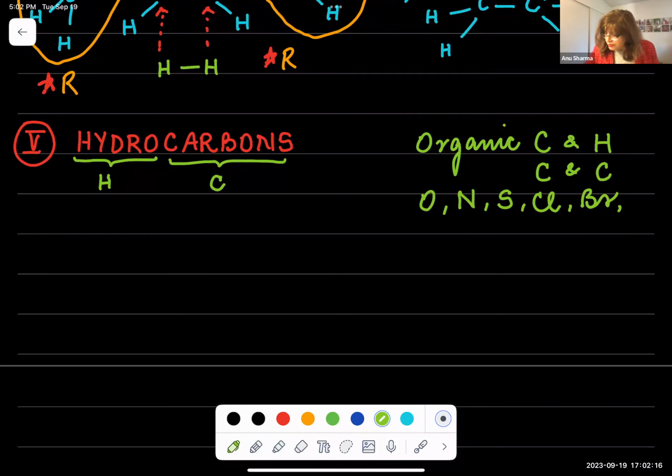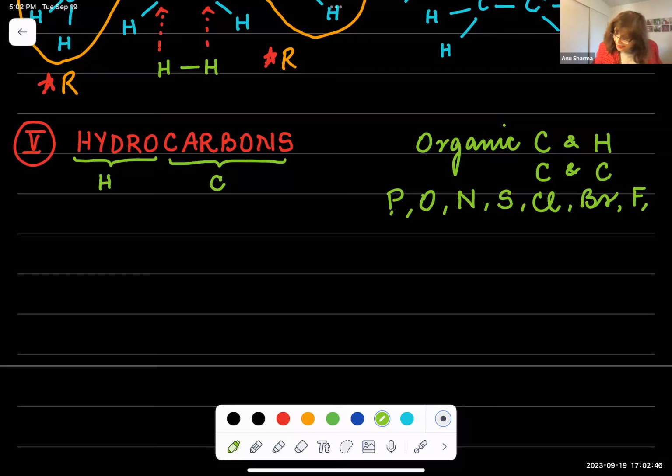Mostly chlorine and bromine are more common, but iodine and fluorine can also be found. Somewhere we also see phosphorus. Commonly it's oxygen and nitrogen. Anyway, these are organic molecules, and that is why these are hydrocarbons.